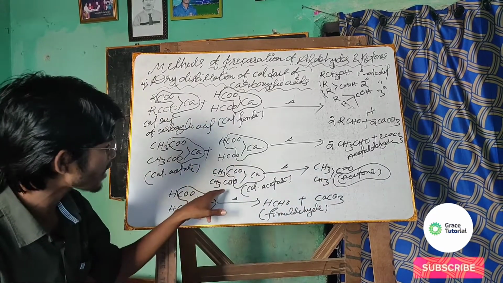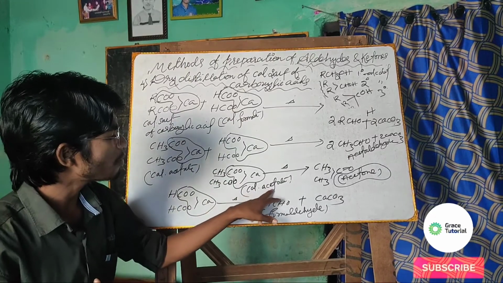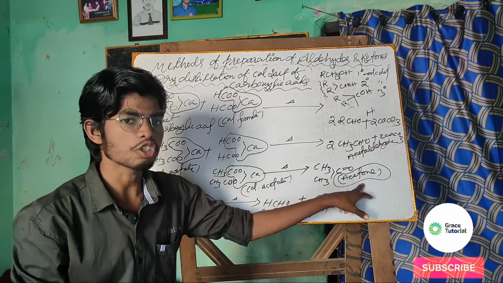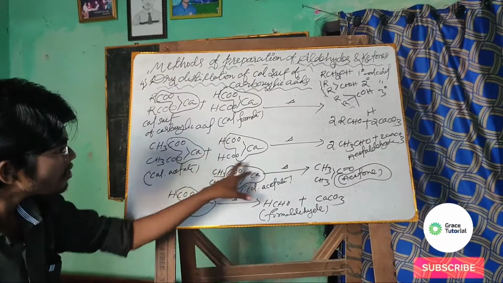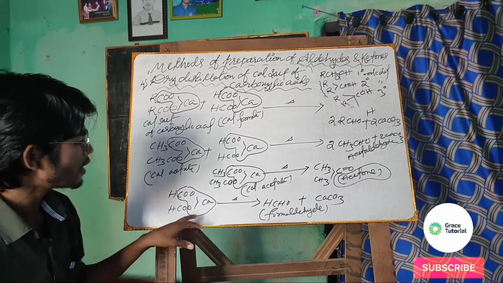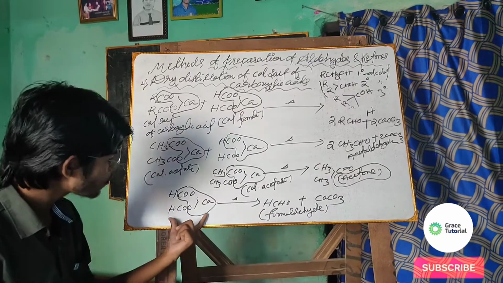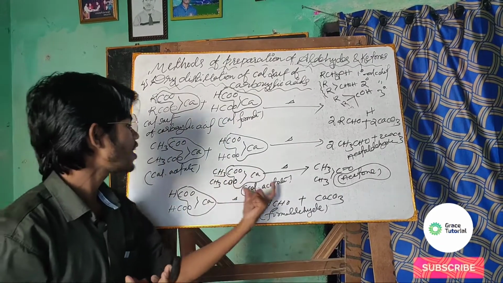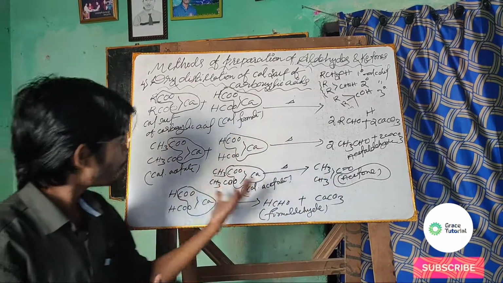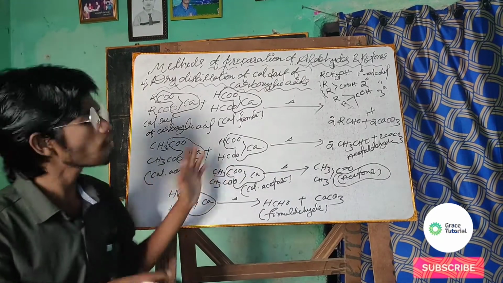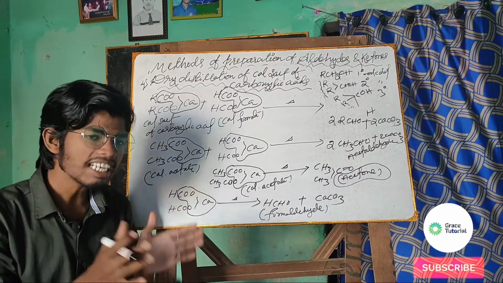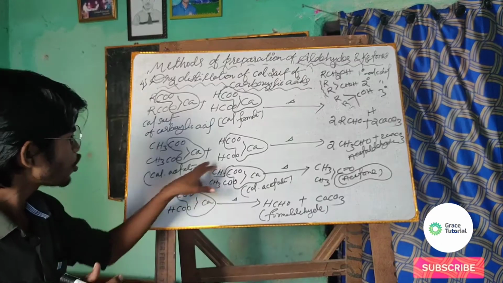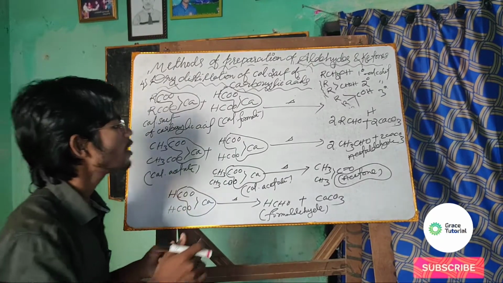With the specific example that I have shown here, the calcium acetate on heating gives acetone. Similarly, if calcium formate is individually heated, it gives formaldehyde. If calcium acetate is individually heated, it gives acetone. But if calcium acetate and calcium formate are both heated as a mixture, what happens?